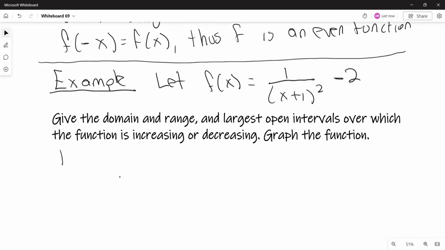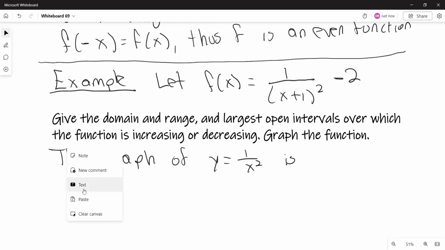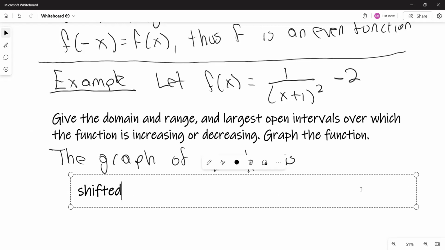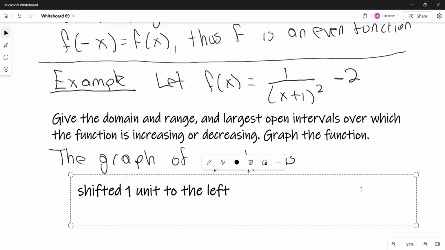Okay, the first observation is that the graph of 1 over x squared is going to be shifted one unit to the left and 2 units down.